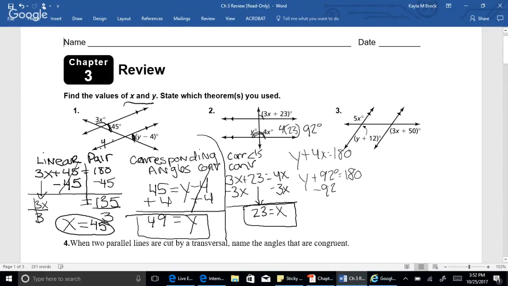And then I'm going to subtract 92 from one side of the equation, and I'm going to subtract 92 from the other side of the equation. I will get y equals 88. Okay. Now, this is the rule of, this is a linear pair.